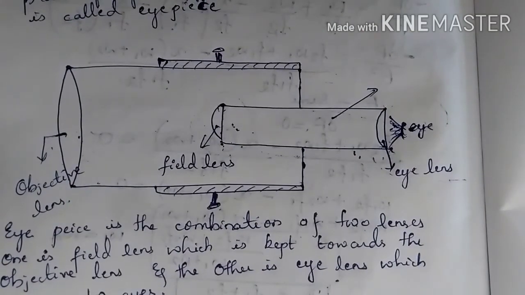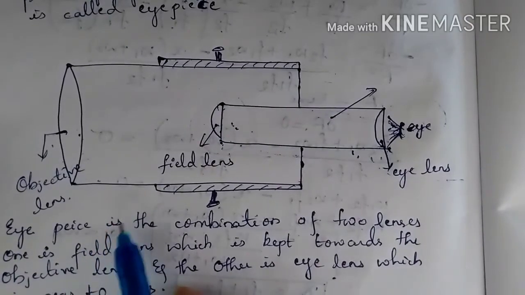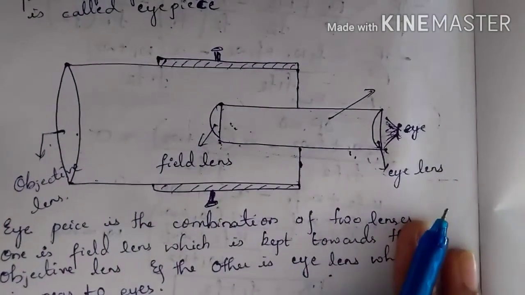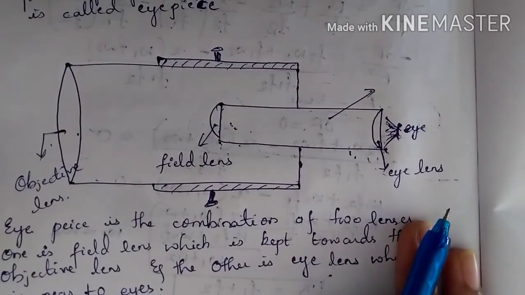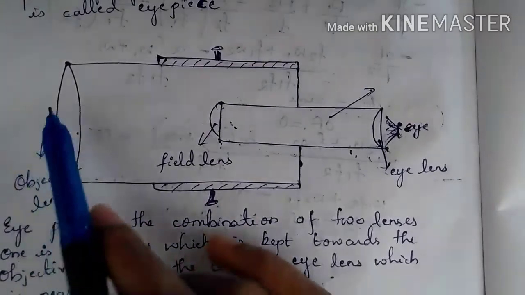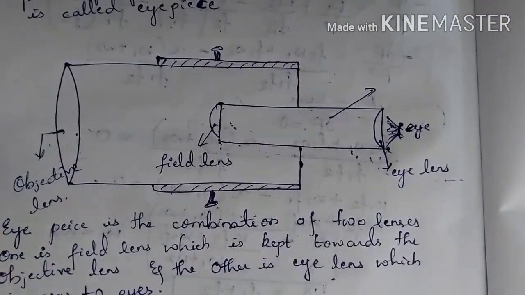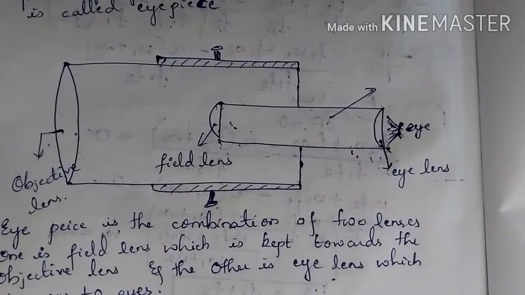For example, the objective of a microscope or telescope forms a real image of an object under examination. So the objective forms the real image of the object which is kept for examination.